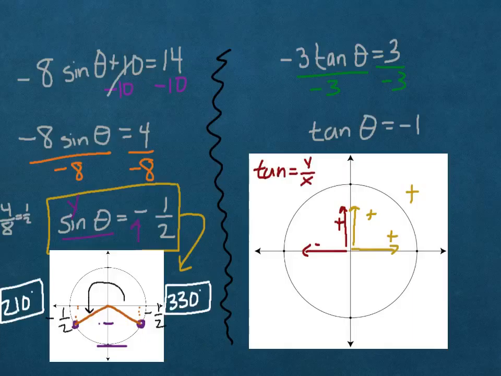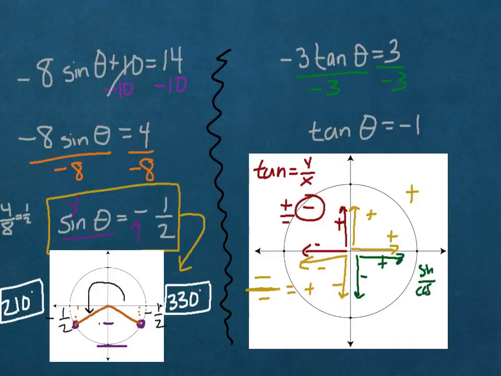So in this quadrant it would be positive over negative, which is negative, which is what we want. Also, if you go this way, it's negative and negative, and a negative over a negative, yikes, is a positive. And in that last quadrant as well, remember we usually have two answers. If you go down, it's negative. If you go right, it's positive. Sine over cosine, opposite over adjacent. This too would be negative.